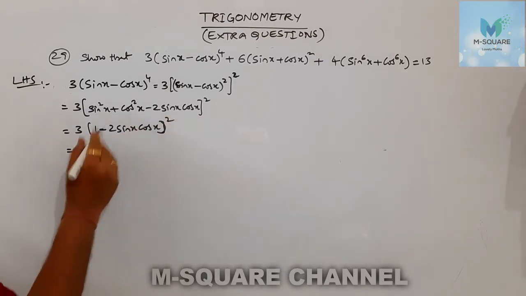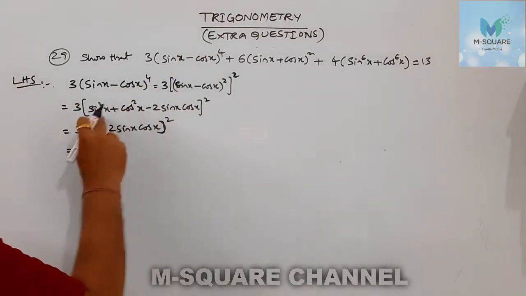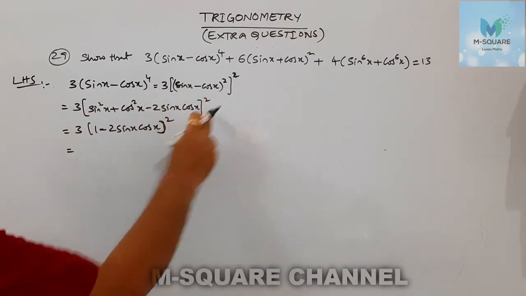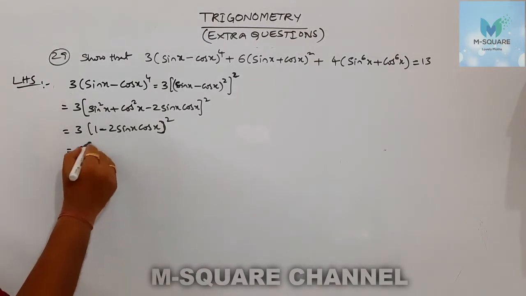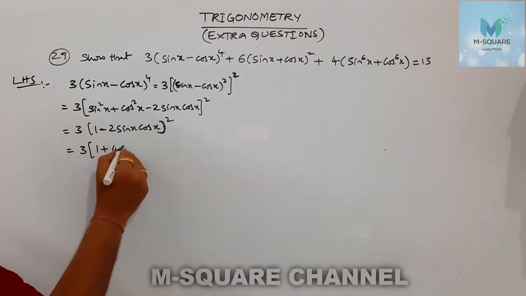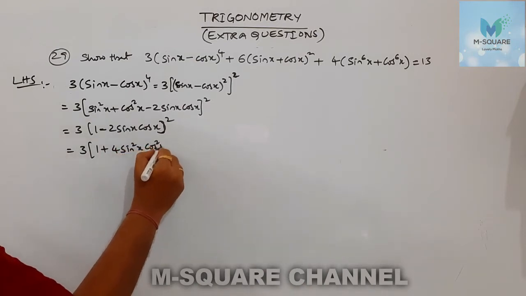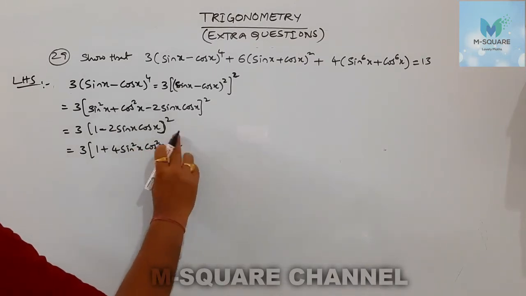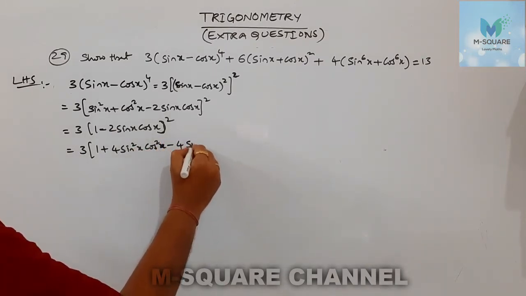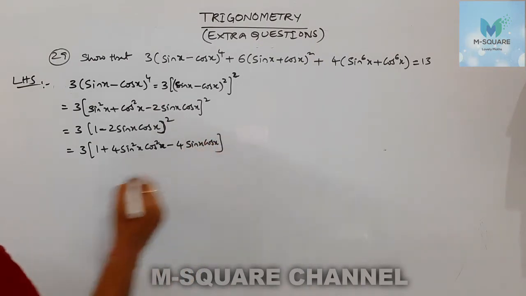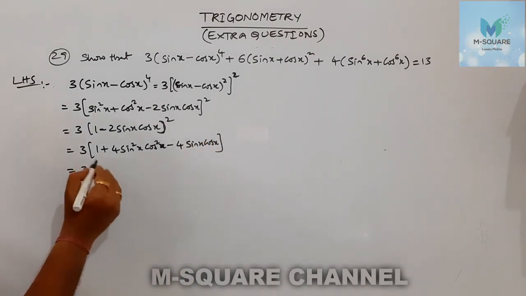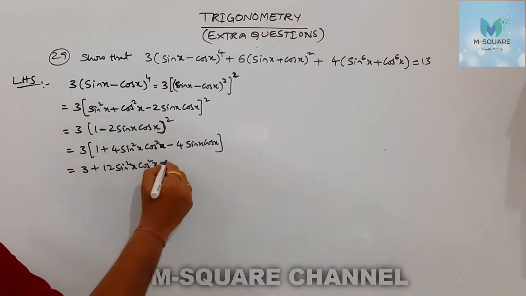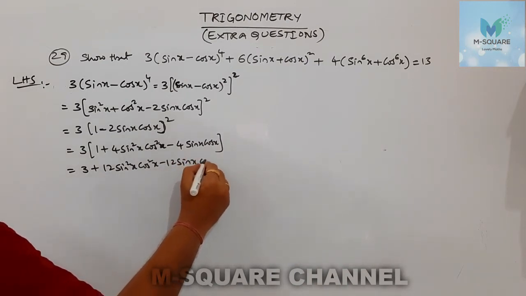A minus b whole square again. Again we get this part is 1 minus 2 sin x cos x whole square. Again this is a minus b whole square. Again you write 1 square means 1 plus 4 sin square x cos square x minus 2 into 2 sin x cos x. So finally you can get like this, 3 plus 12 sin square x cos square x minus 12 sin x cos x.